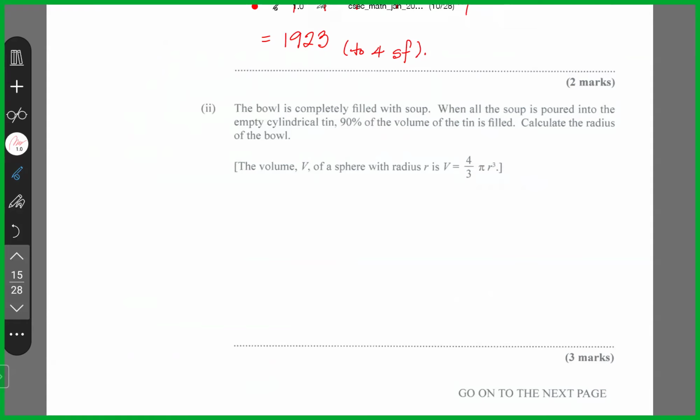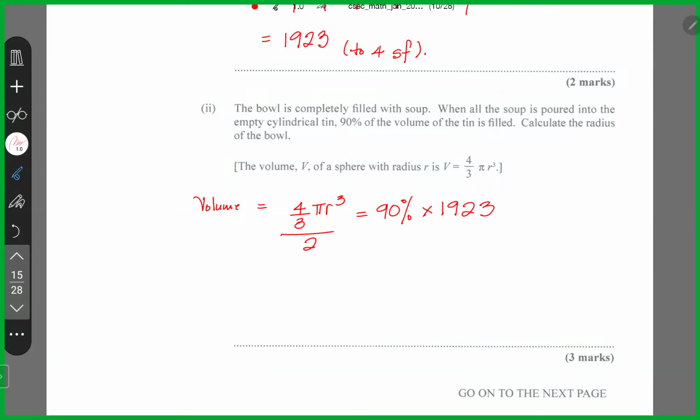So it means, therefore, that the volume of the bowl, which is equal to 4/3 pi r cube divided by 2, is equal to 90% of the volume of the tin, which is 1923.